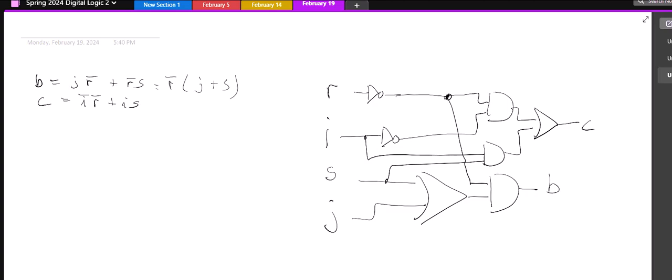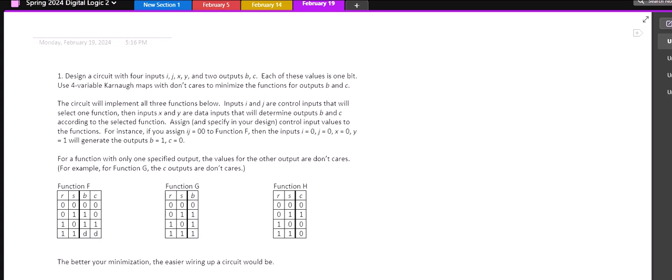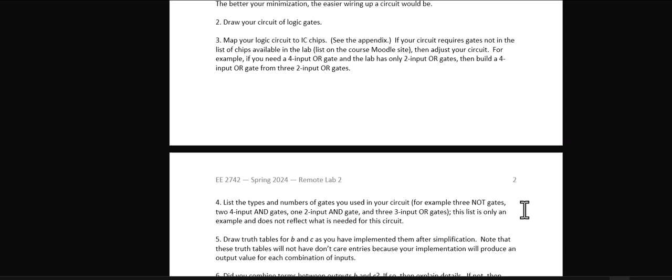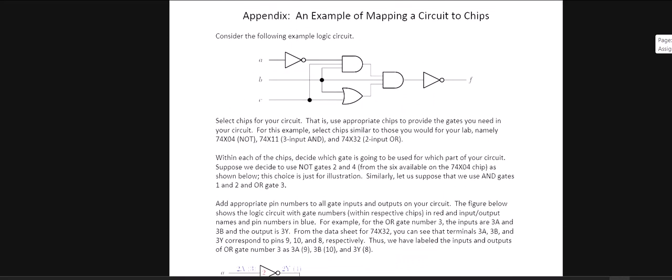Alright, so now we are supposed to design this. Okay, so we are supposed to map these to chips. So let's look at how we're going to do that.